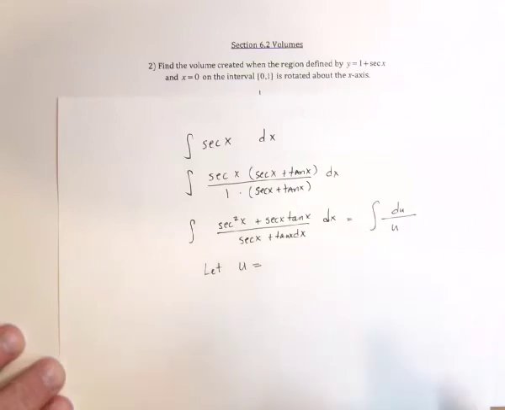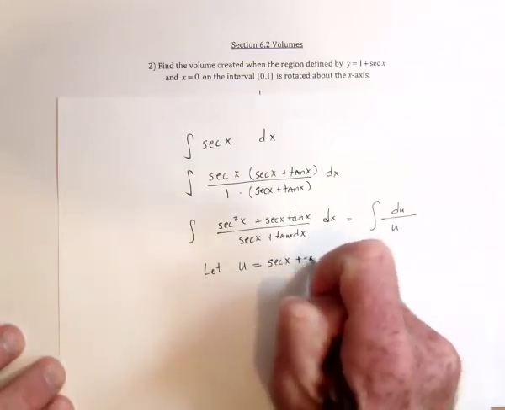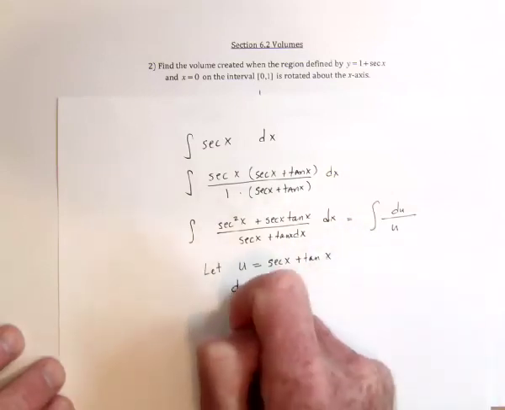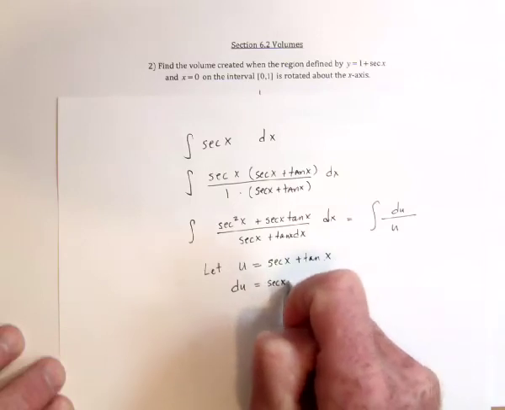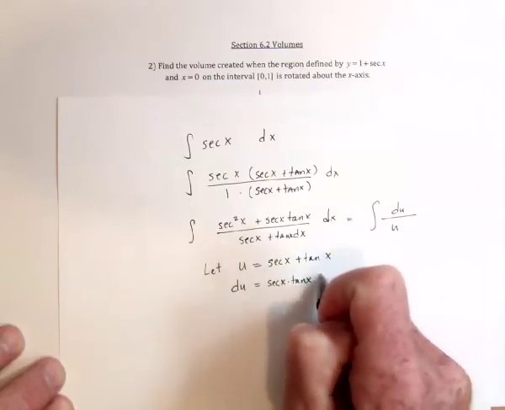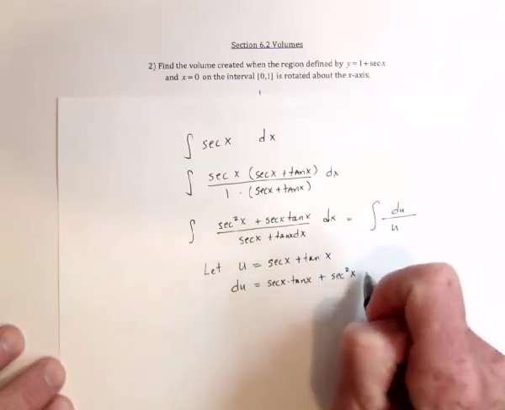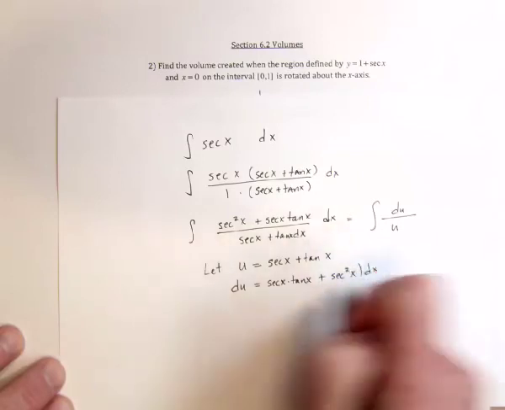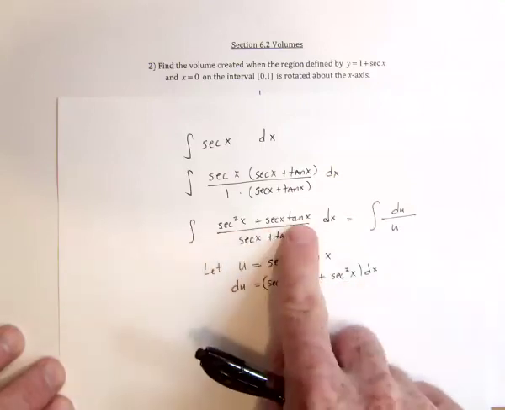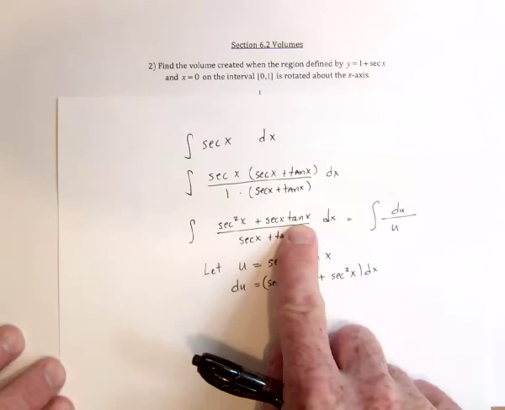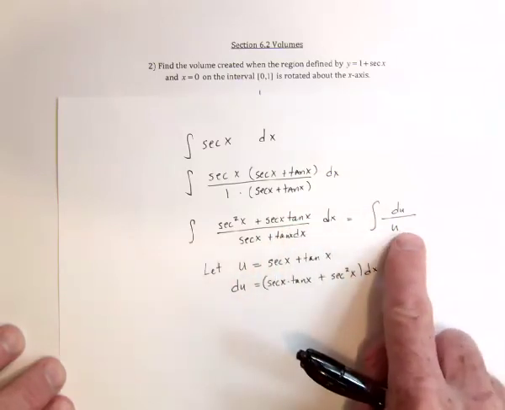So the u substitution is going to be let u equal secant of x plus tangent of x. The derivative of this is the derivative of secant, secant times tangent, plus the derivative of tangent, secant squared. And now you compare this with the numerator, and it's exactly the same thing. So that means that we have du over u.